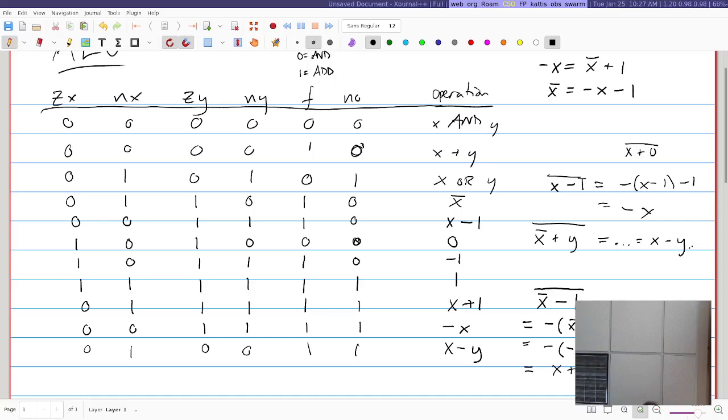So we can now negate, we can subtract, we can add or subtract 1. We can get constants like 0, 1, -1. We can do and or not. That's pretty good, right?